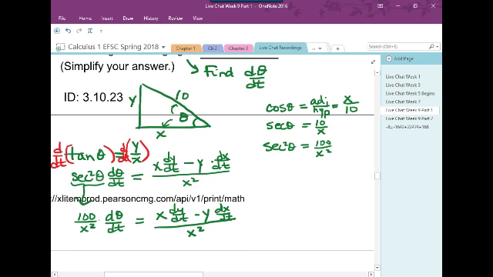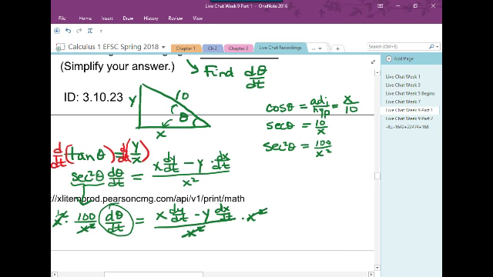So now we just have to plug in things that we know, right? We know x, we know y, we know dy dt, and we know dx dt, and solve for the unknown, which is d theta dt. So plugging in, you might even notice that there's an x squared in the denominator on both sides, so really you could clear that. That'll make it even simpler.